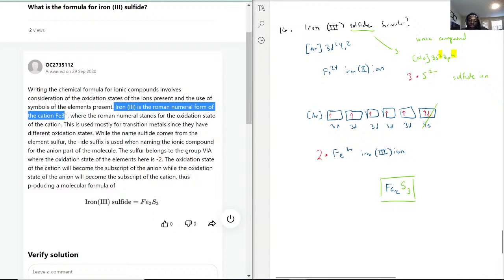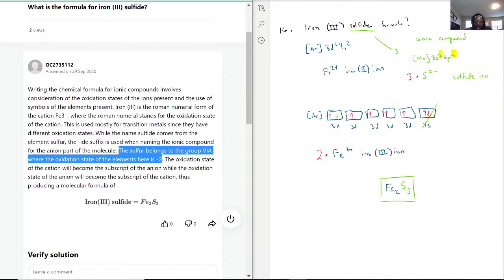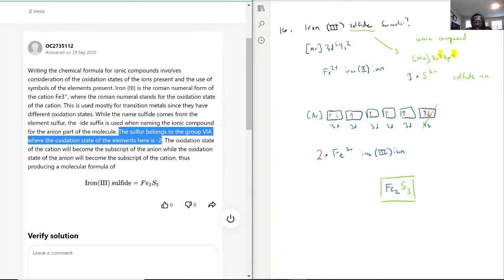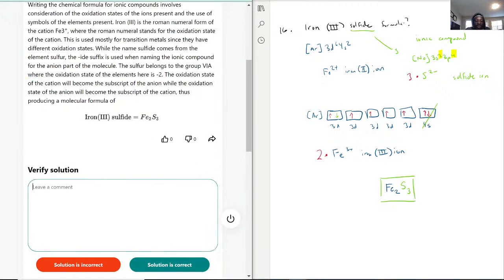I explained why with the orbital notation, because of this electron here that it decided to drop. And sulfur typically has a -2 charge as an ion, and they have to balance out, and so we get that iron 3 sulfide is Fe2S3.